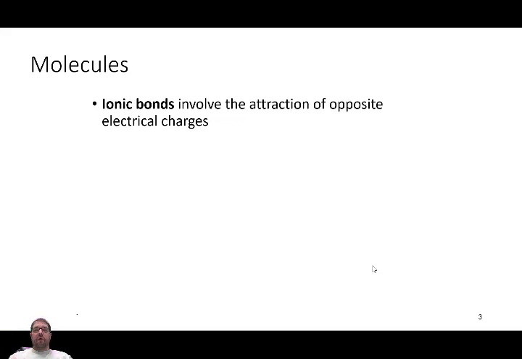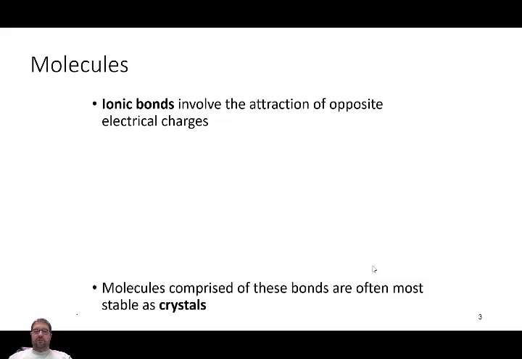However, in the case of water molecules, because it's utilizing hydrogen, it is a hydrogen bond. We'll come back to that. But ionic bonds are the attraction of atoms to one another because they have opposite electric charges.